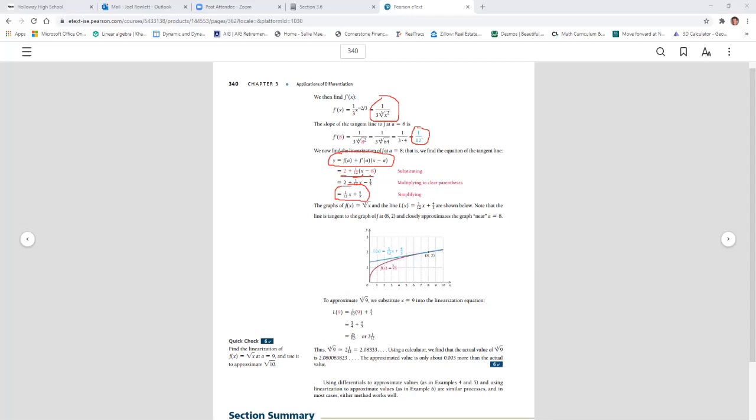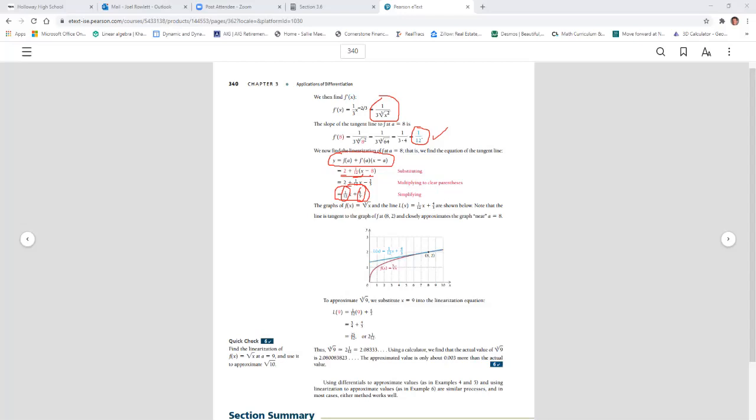Notice that the slope of the line is 1/12, which should not be a big surprise because that's the derivative. And here the y-intercept ends up being 4/3. The graphs of the cube root of x and the line L of x, which is 1/12 x plus 4/3, are shown.